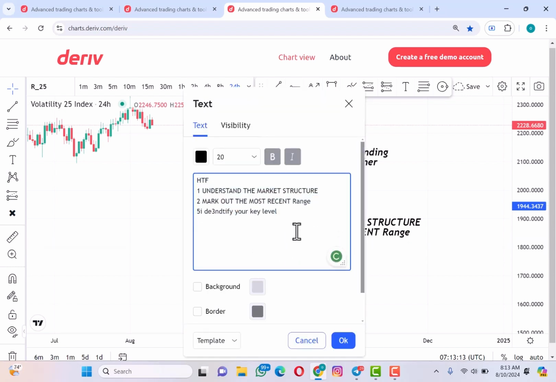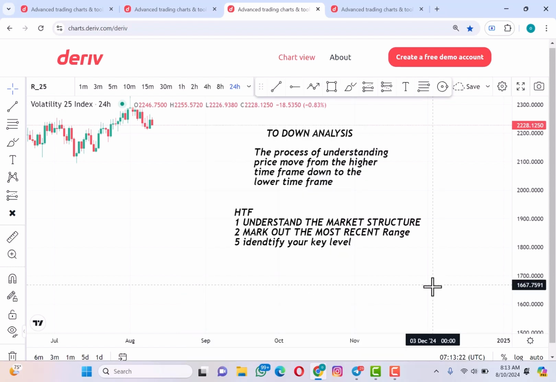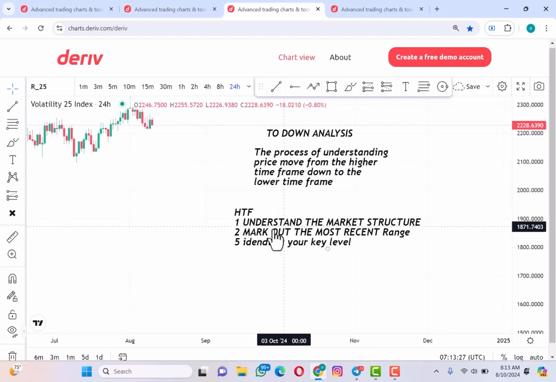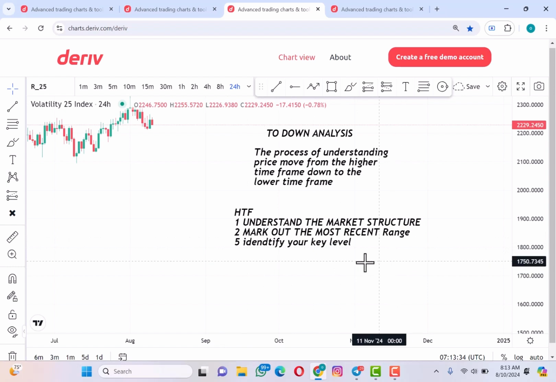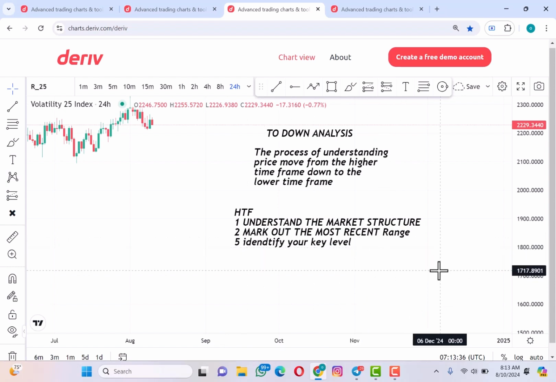So basically, these are the three major things you need to do on the higher time frame. The first thing is to understand the market structure on the higher time frame. If you are starting from the daily, then you have to be able to mark out the most recent range. The importance of the range is to help you know where price is coming from and where price is heading to.